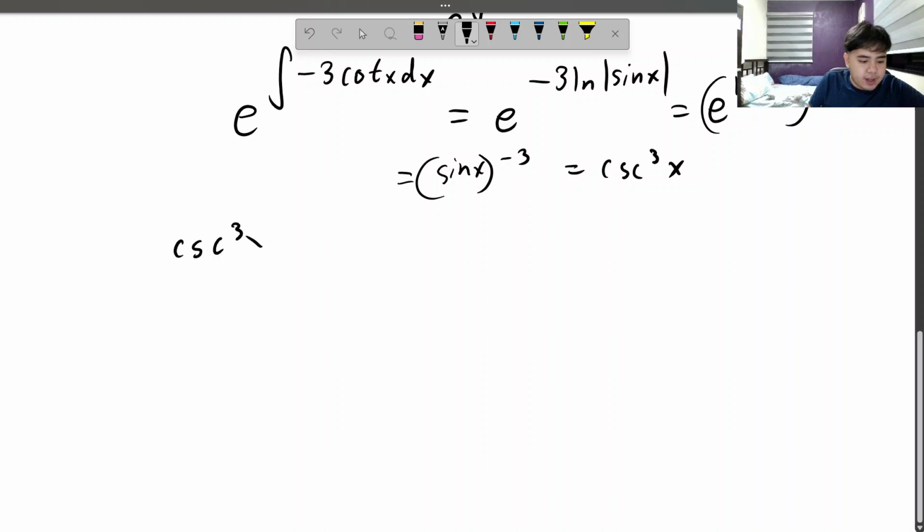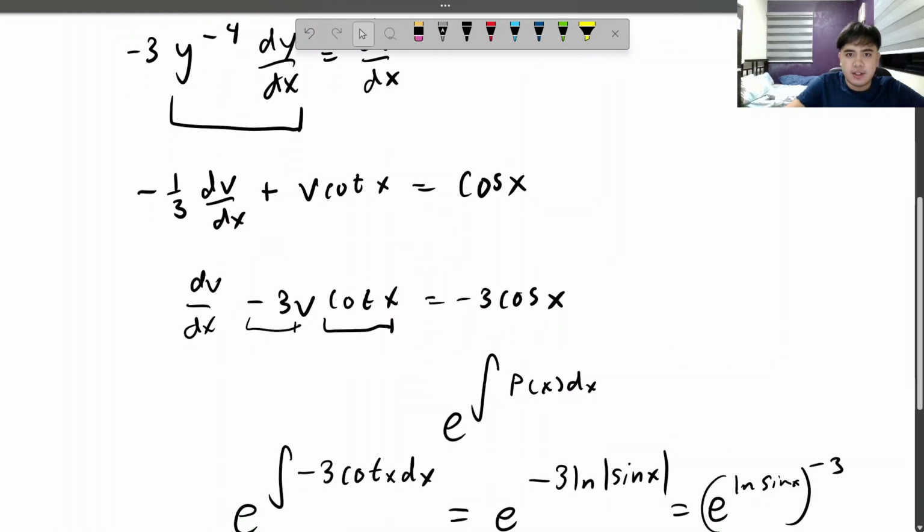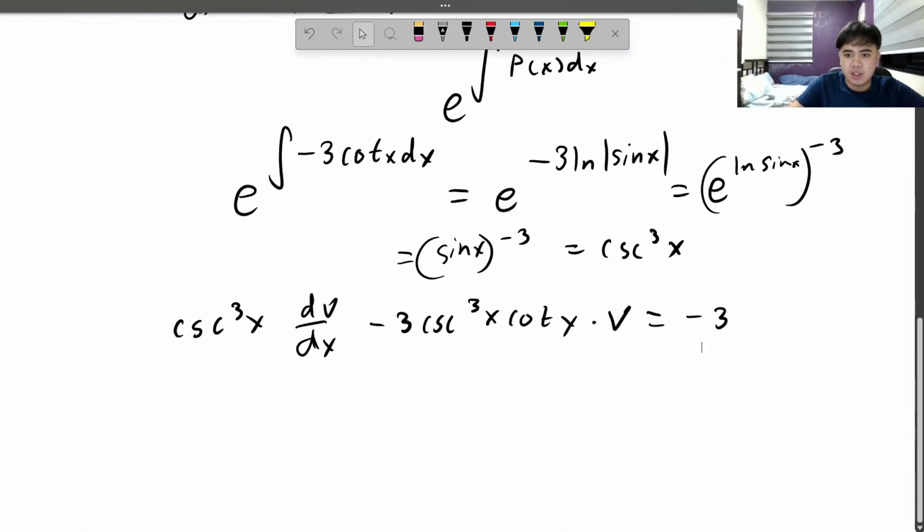Cosecant cubed x dv over dx minus 3 cosecant cubed x cotangent x times v equals negative 3 cosine. Well, here is cosine, and cosine's best friend is sine, so we can express cosecant as sine.